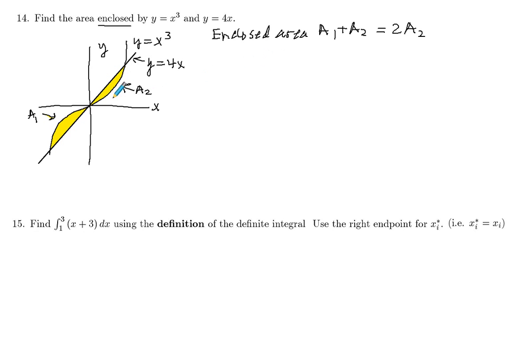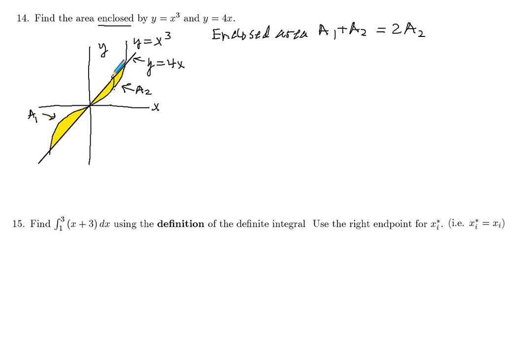So what we're going to do is find the area between these two curves. And so remember, with a single curve, you're finding the area underneath the graph of the function, which is from the graph of the function down to the x-axis. So your top curve is the function, your bottom one is the x-axis. Well here, our top curve is 4x and our bottom curve is x cubed.